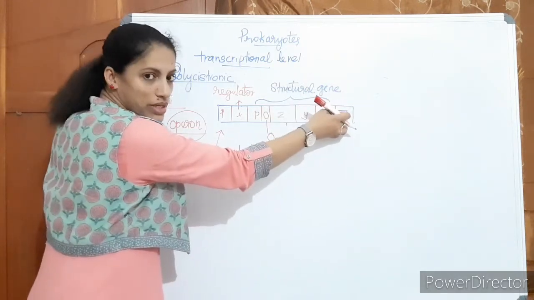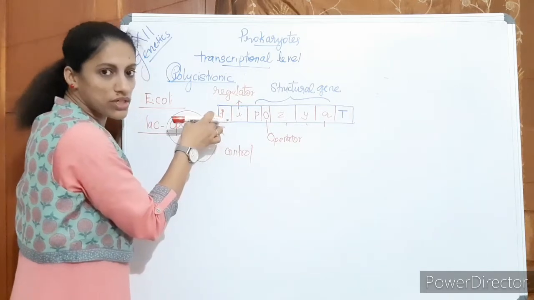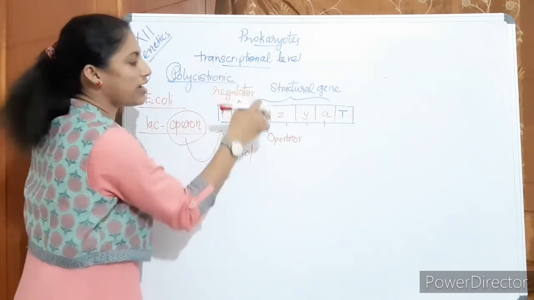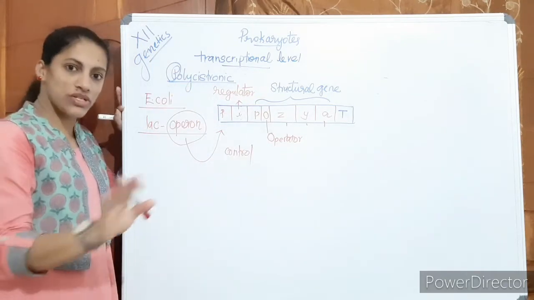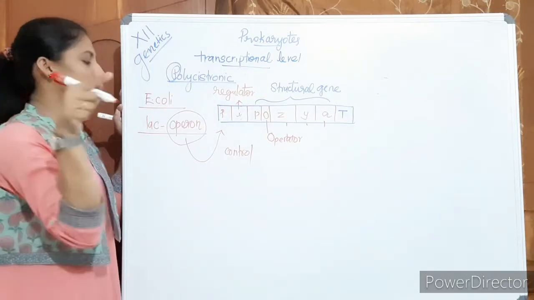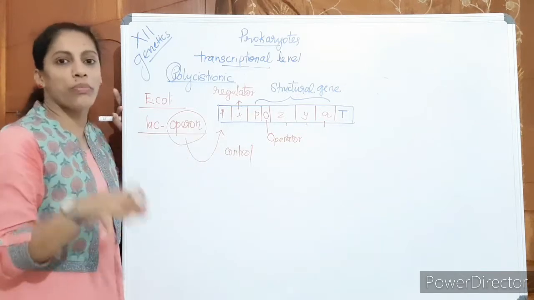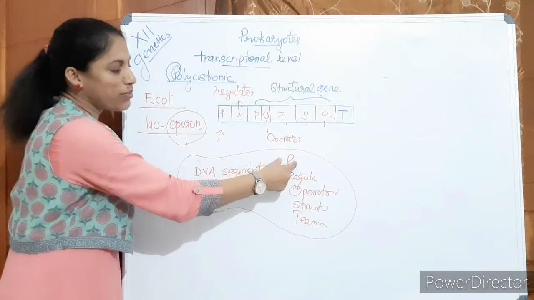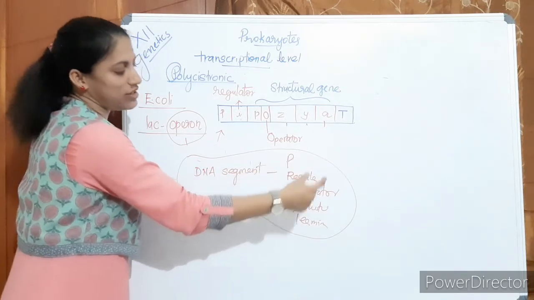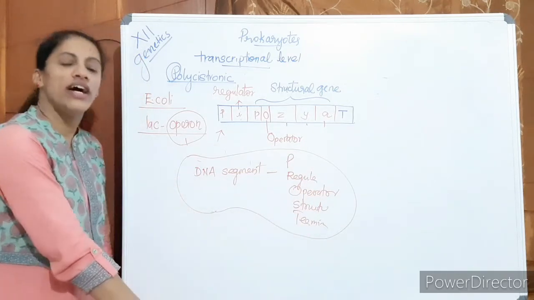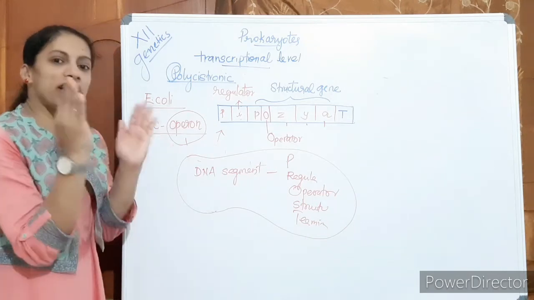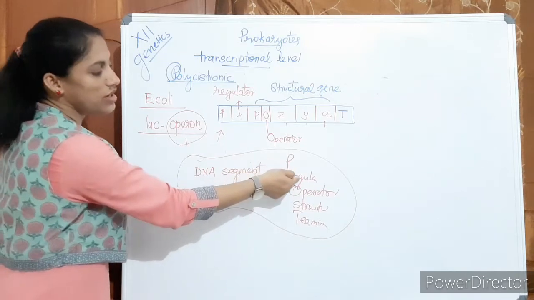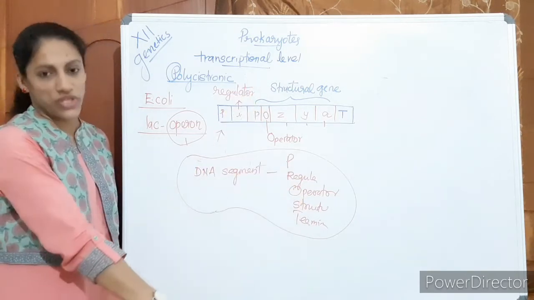It consists of a terminator, a promoter, and additionally a regulator gene and an operator gene. So define what an operon is. An operon is a DNA segment with a promoter, regulator, operator, structural gene and terminator. That means it is a transcription unit. What you have studied additionally is the regulator gene and operator gene.